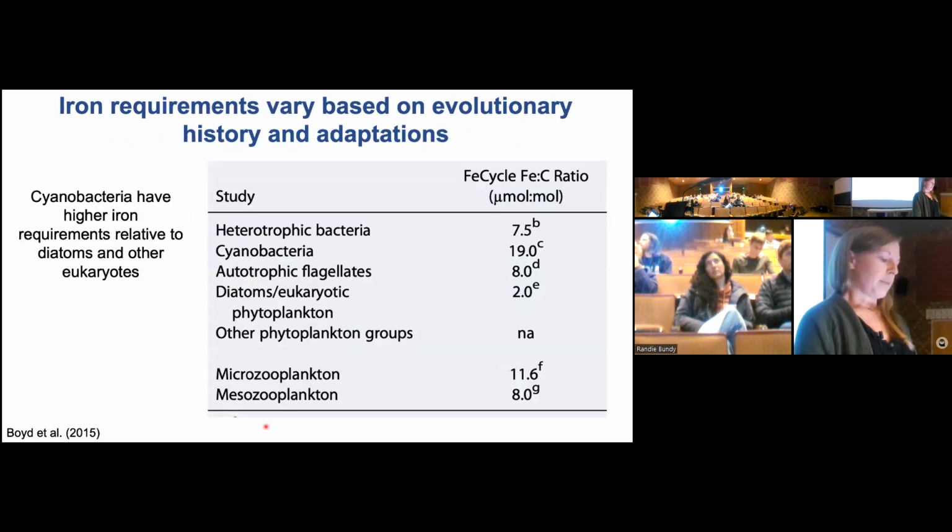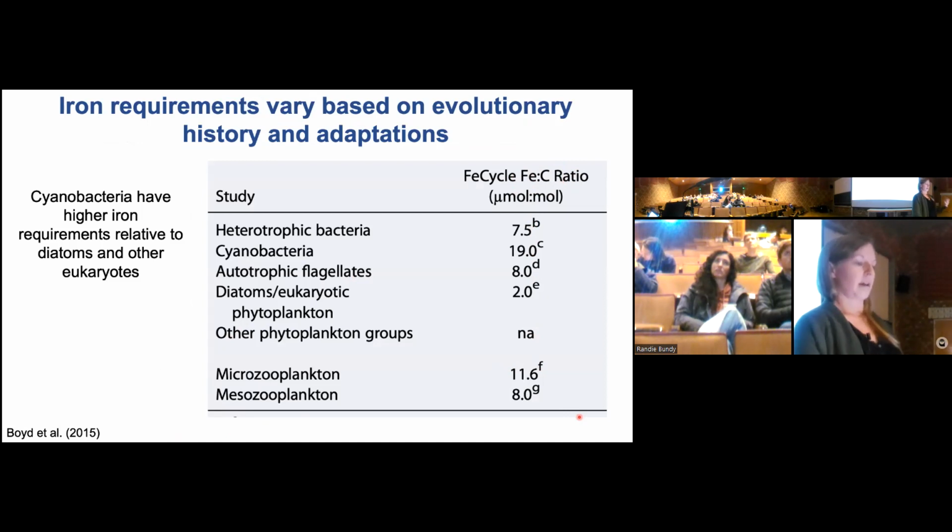And iron requirements vary quite a bit amongst microbes, and chemical oceanographers often depict these iron requirements as iron quotas or metal quotas, which we usually express as an iron to carbon ratio. So that's what's shown in this table here. And you can see that these vary by large groups of organisms, for example, between heterotrophic bacteria, diatoms, and particularly cyanobacteria.